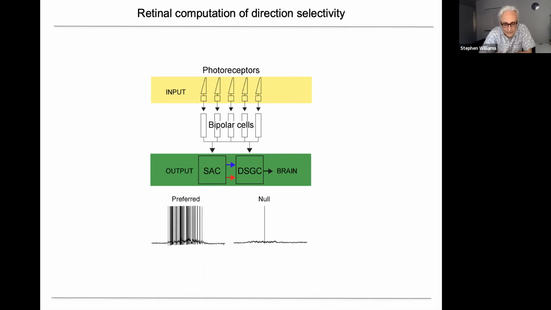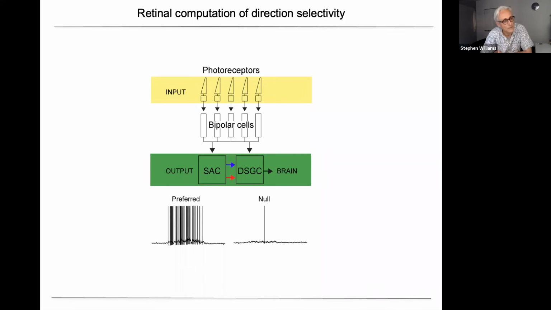Well, we think that this multi-site cascade integration scheme that we described for on-DS cells absolutely perfectly allows us to explain the DS mechanism, whereby preferred direction light stimuli give very robust wide field action potential output, and null direction light stimuli give very poor or no action potential output.